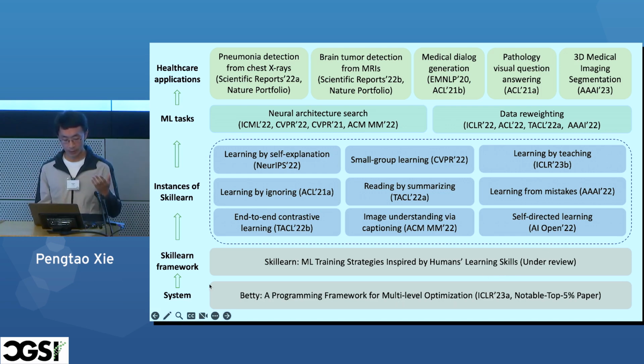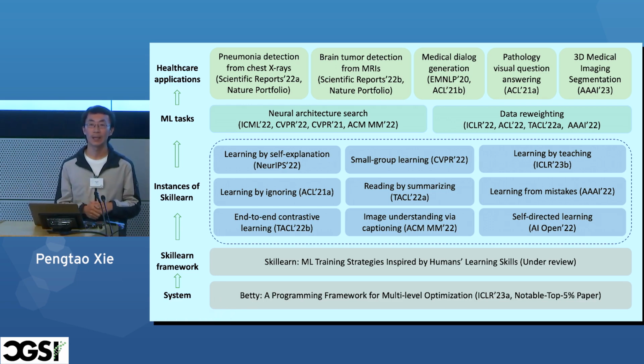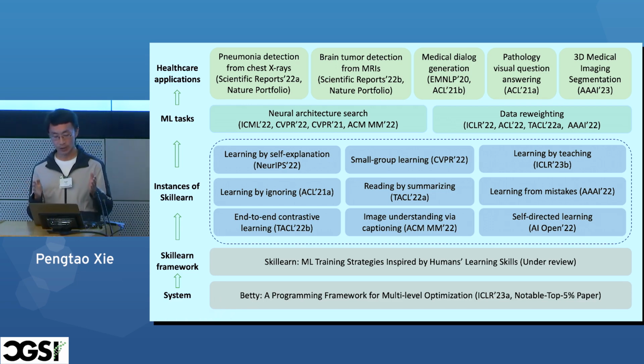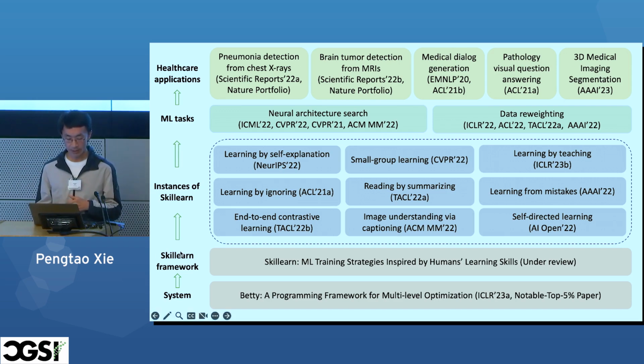And to support the development of this framework, we built a system called Betty. It is a programming framework for multi-level optimization. Users only need to define the multi-level optimization problem. Then in the backend, the system automatically solves it, kind of like PyTorch, but with support for multi-level optimization.